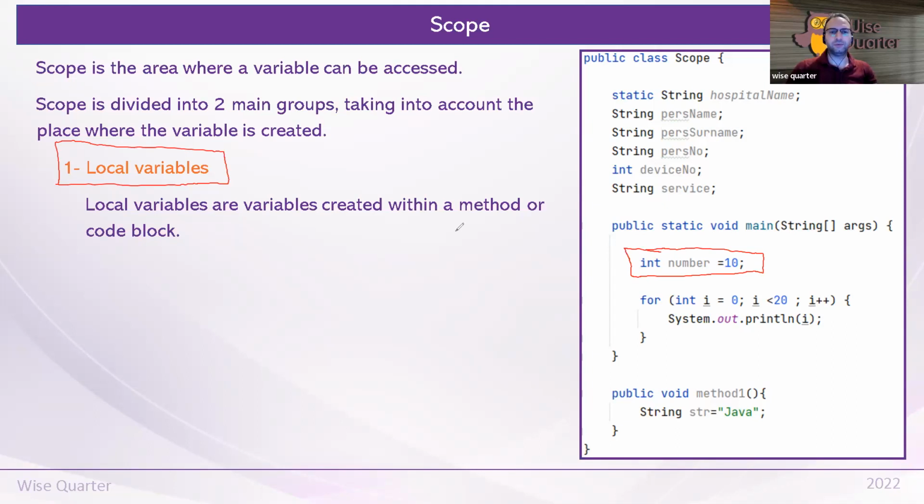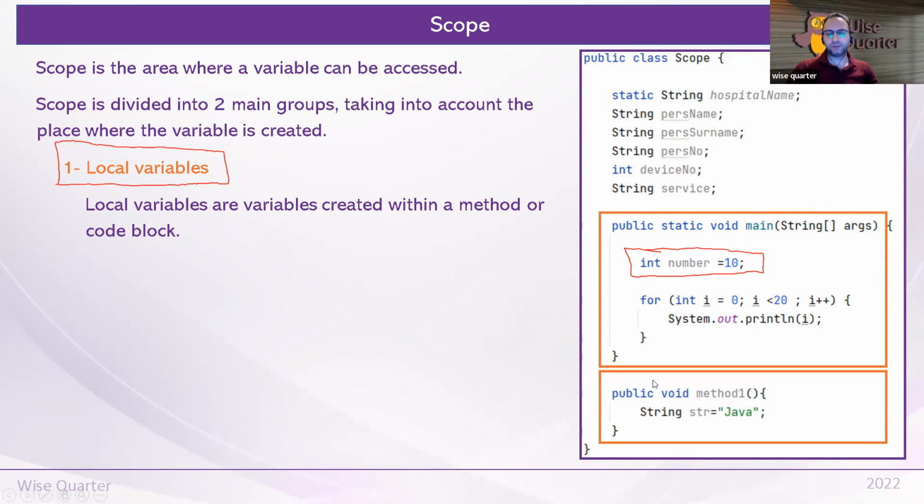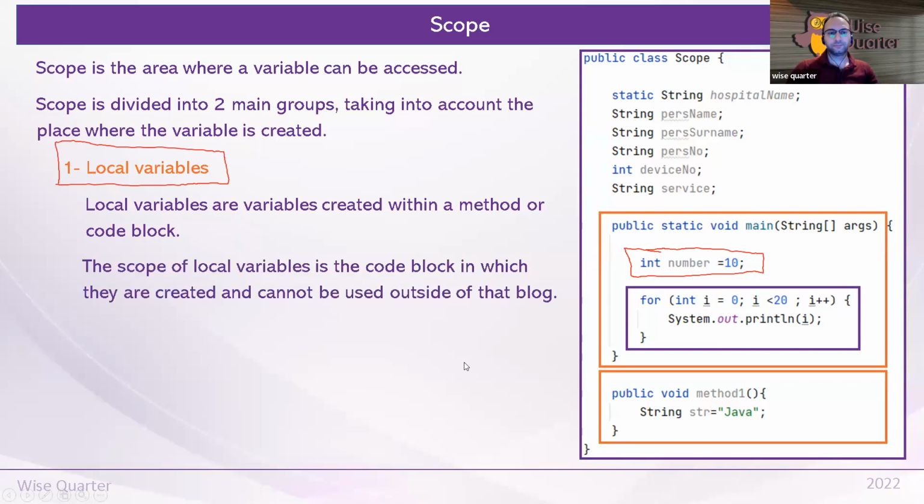I'm planning to write a few things about them. This is the main method. This is also another method. Each one of them is like a village. This is a while loop, as you can see. Also, if you create a variable in a for or while loop, any loop, it will be a loop variable too. It will be like a local variable.